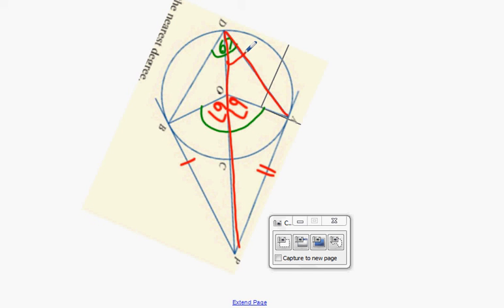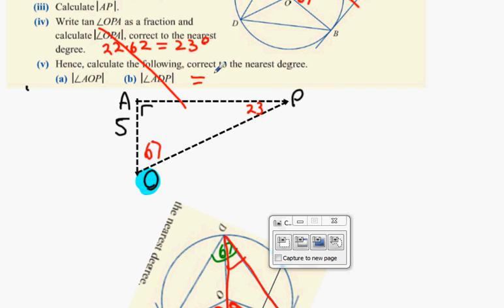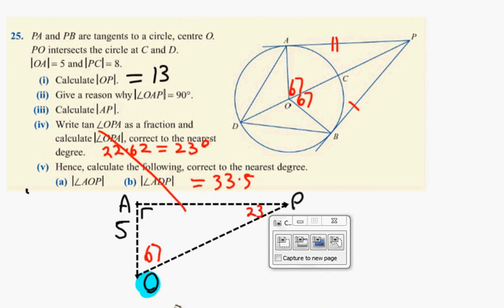33 and a half. So why was angle D 67 again? I found out that AOP was 67. Yeah. AOP was this one here. And because it's congruent to this one here, they're both 67.